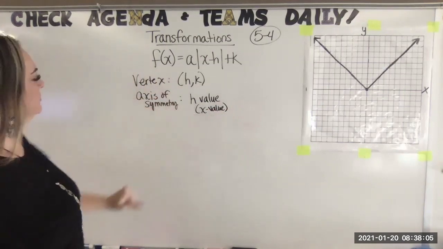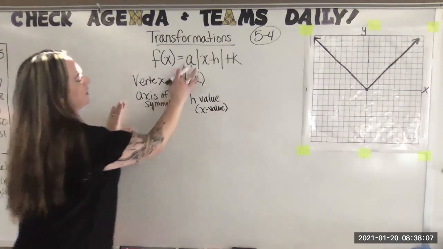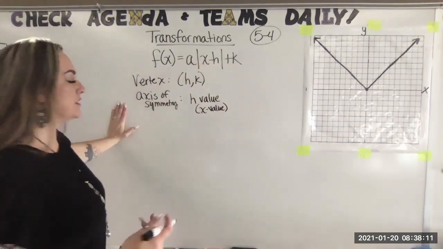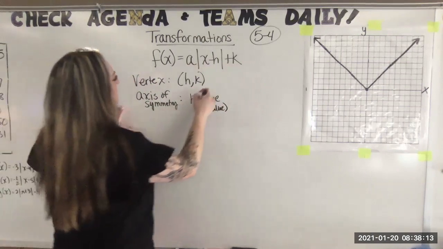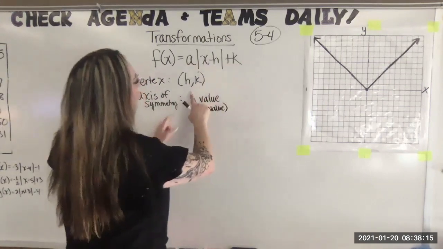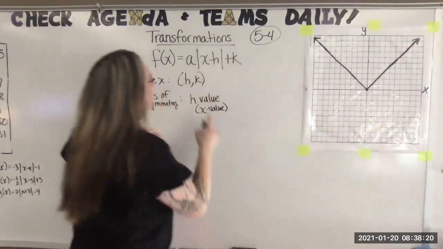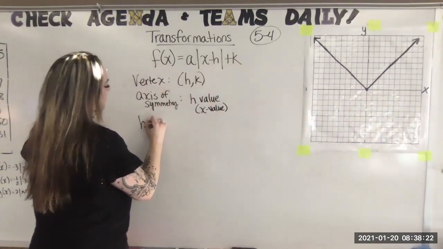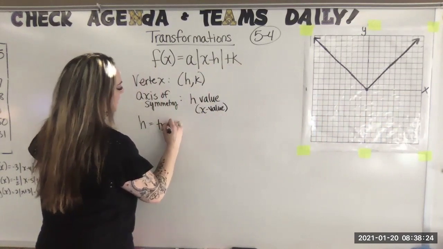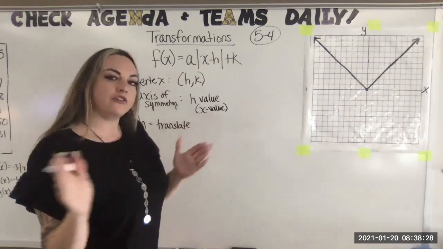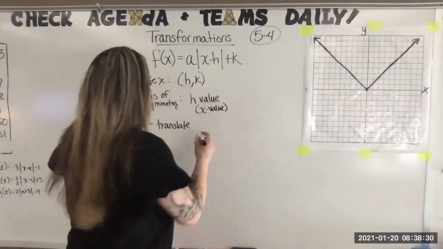Okay? Now let's look at how these values cause transformations. Since h represents where the vertex is along the x value, h is going to translate or shift our function either left or right.